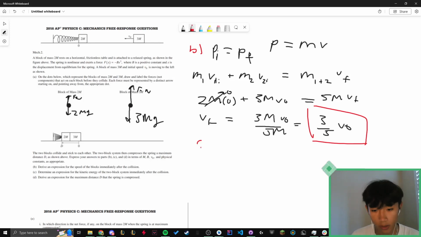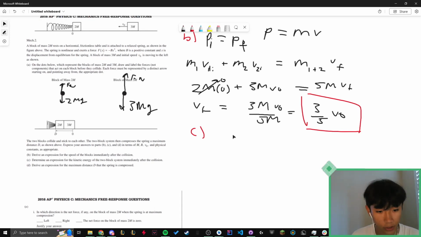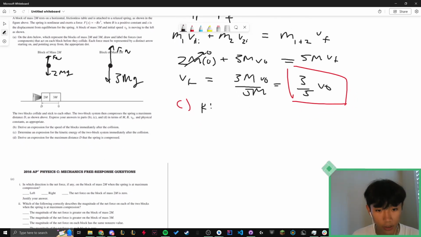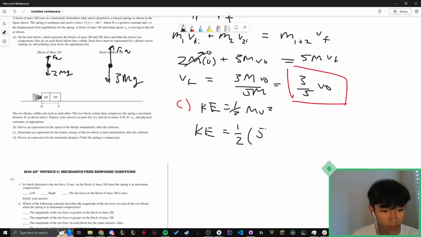Okay, moving on to part C. This is also very straightforward. Kinetic energy equation is just 1/2 mv squared, and we just have to replace everything. So 1/2 mv squared. The total mass for the 2 block system is going to be 2 plus 3, which is equal to 5m.